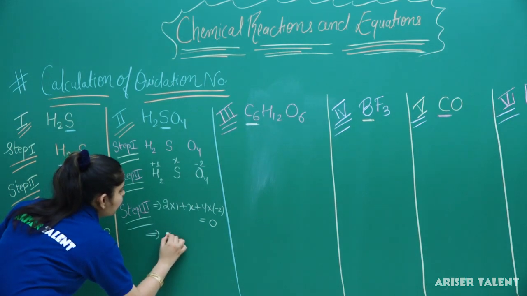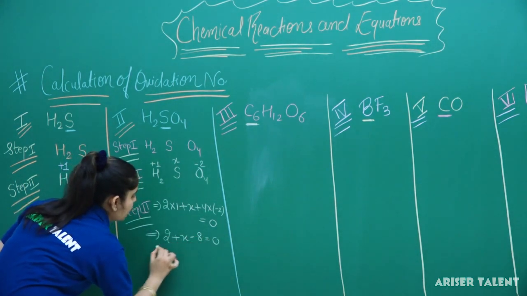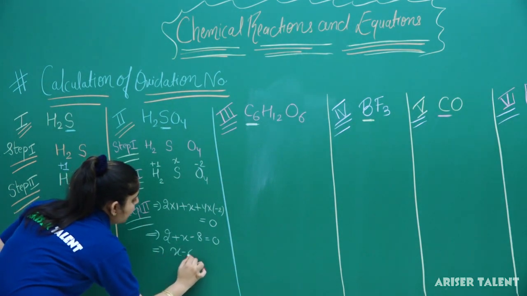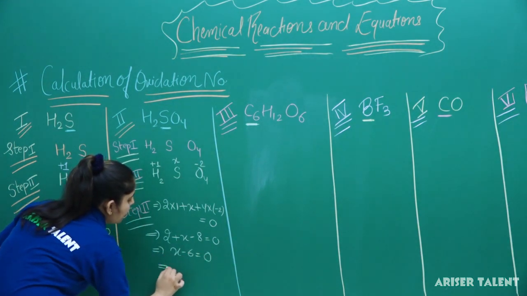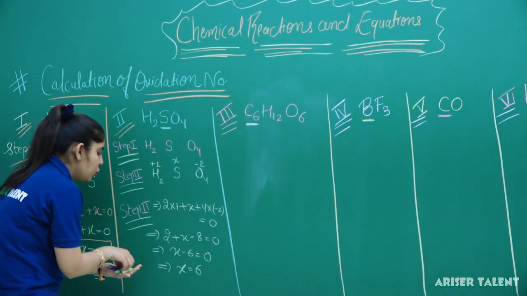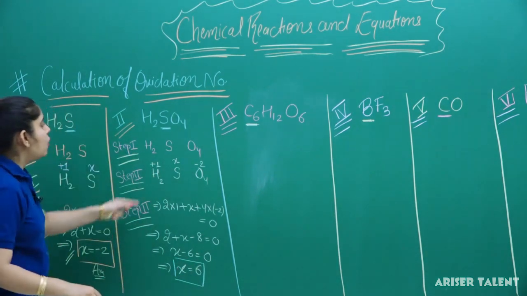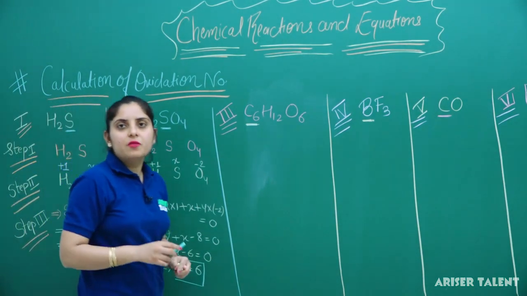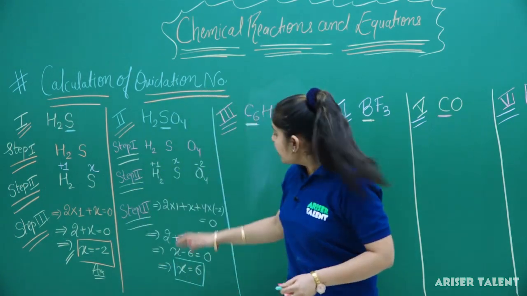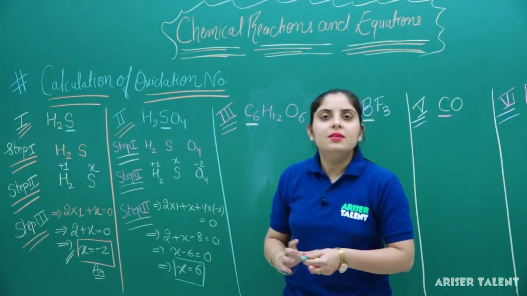Now on solving this equation, we will get 2 plus X minus 8 equal to 0, X minus 6 equal to 0, and we are getting X equal to 6 after substitution. So X equal to 6 will be the oxidation state of sulfur in case of sulfuric acid. I hope this will be clear to you, how transposition is done in these equations.